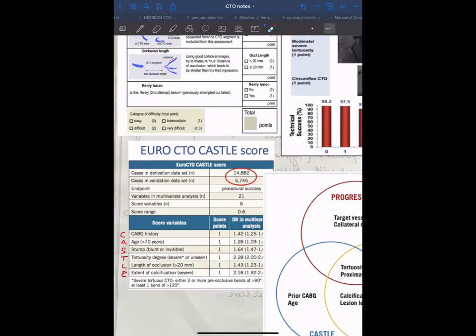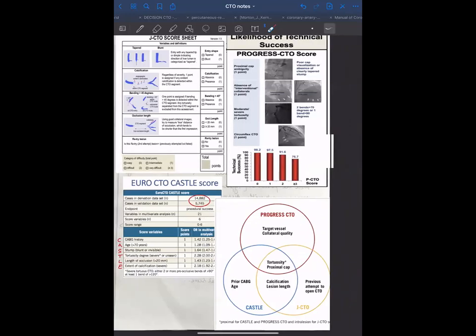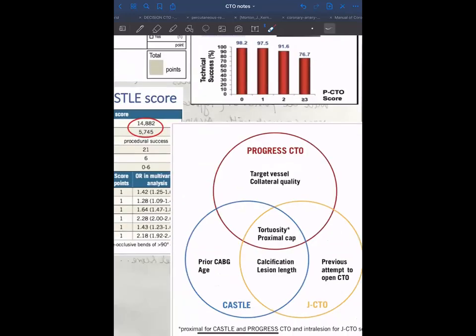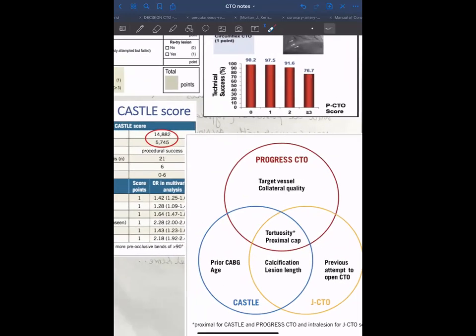As we can see, there are some similarities, and EuroCTO looked at procedural success, as we can see here. So this is a very interesting picture which I've come across in one of the articles by Brilakis. So this sums up the CTO scores and also the things which are common, and one can infer that all those mentioned in this Venn diagram are the harbingers of a CTO failure or a technical difficulty during a CTO.